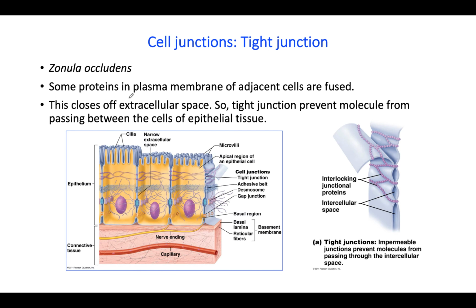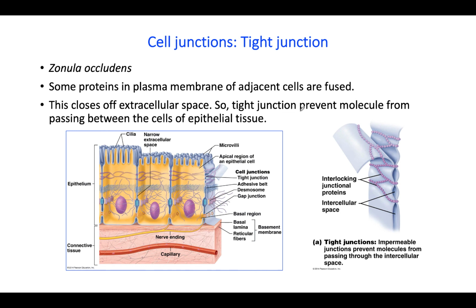Some proteins in the plasma membrane of adjacent cells fuse together so tight that there is no small extracellular space between two cells. Tight junction closes off extracellular space.